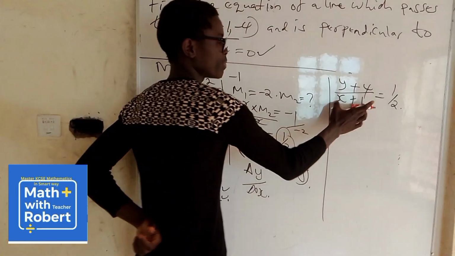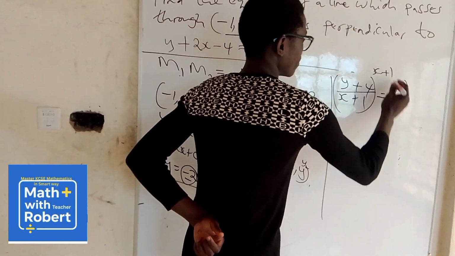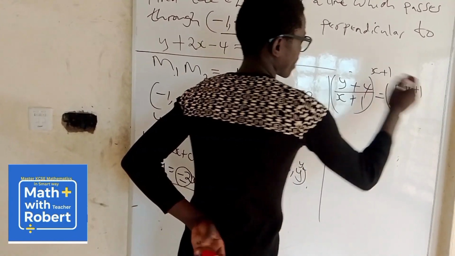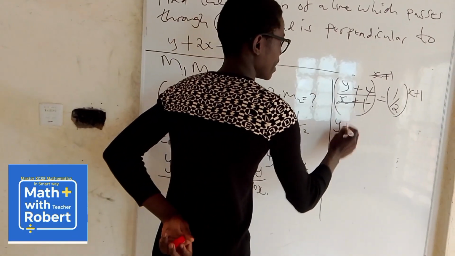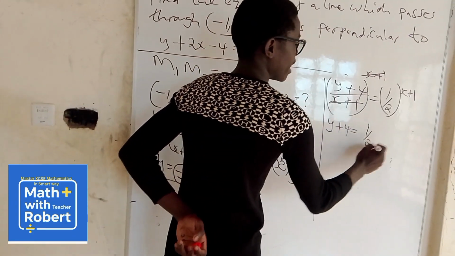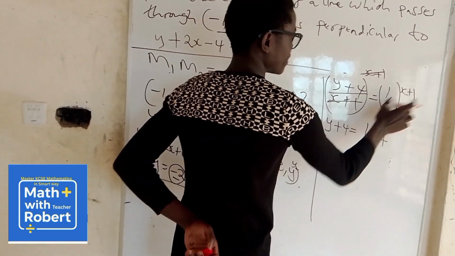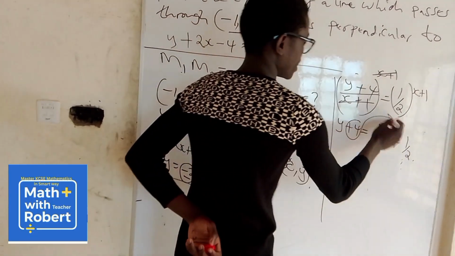So we remove this much. We multiply by x plus 1. Multiply by x plus 1. This one goes with this one. So y plus 4 is equal to a half times x, that is a half x, plus a half times 1, that is half. This one goes to the other side.